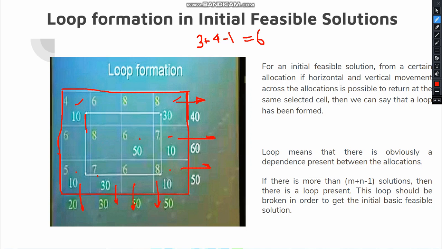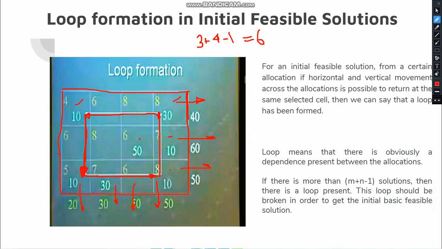Here you can see that starting from this allocation, you move on to this allocation, then to this allocation, then to this allocation, and then to this allocation. So a rectangular closed loop has been formed here.